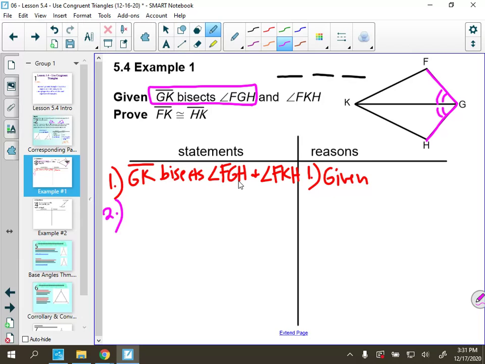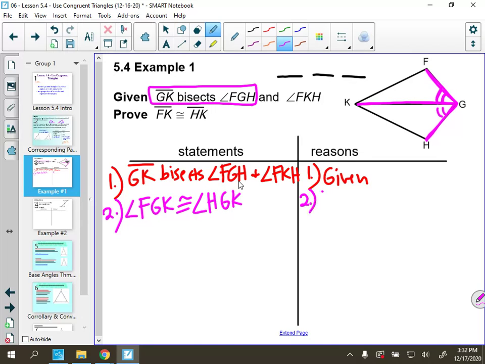So we should say angle FGK, that top angle right here, FGK, has to be congruent to angle HGK. Why?